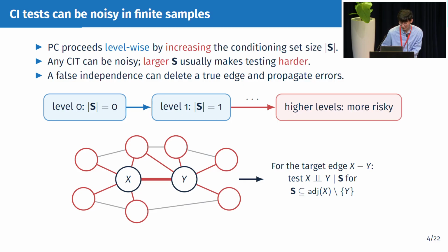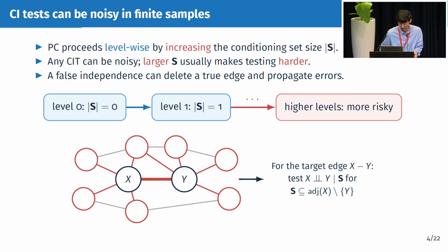The difficulty is that these statistical tests are not perfect with finite data. The PC algorithm proceeds level by level, which means it gradually increases the size of the conditioning set. Any test can be noisy in the real world, but in general, testing becomes much more difficult as we condition on more variables.